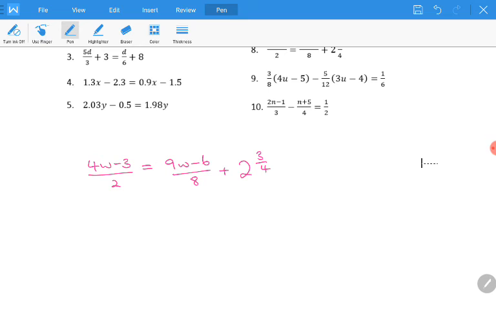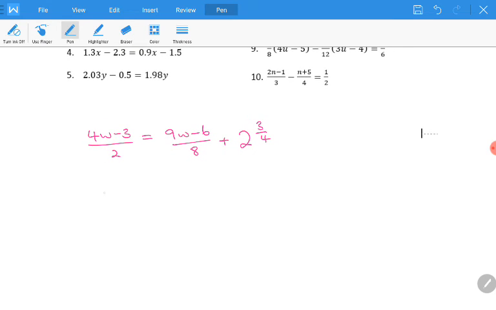So the first thing here, we need to change mixed numbers into improper fractions. So this is 4w minus 3 over 2 is equals to 9w minus 6 over 8 plus 2 times 4, that's 8, plus 3, that's 11.